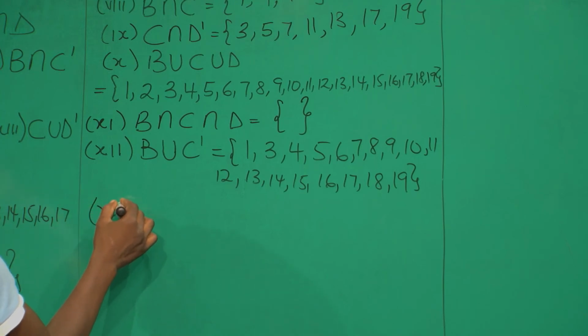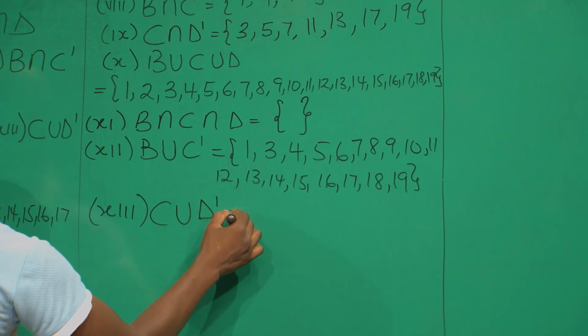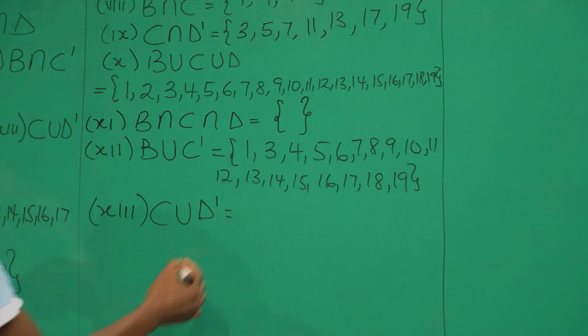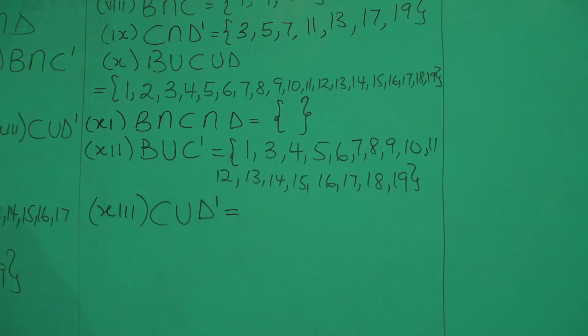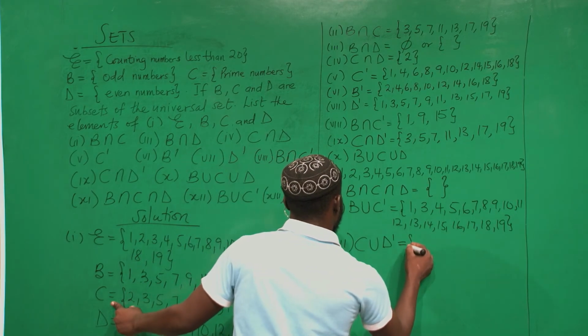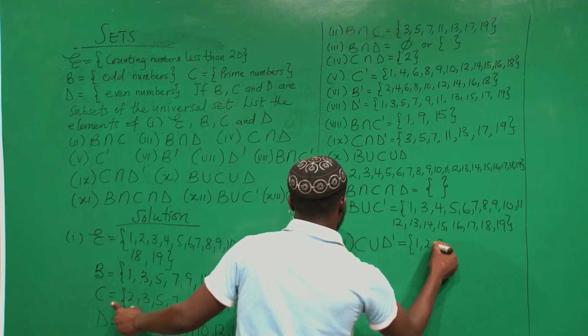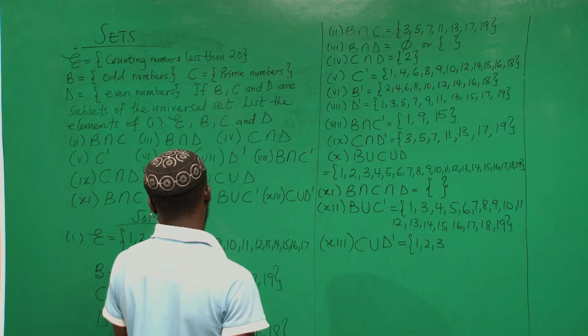Then we have XIII, the last one, C union D complement. So we have C here, D complement, that is it. So 1, 2, 3. 1 is here, C, D complement, 1, 2, 3.